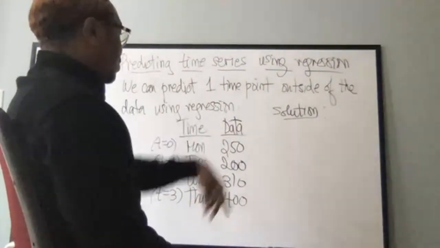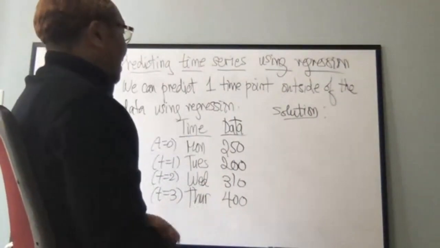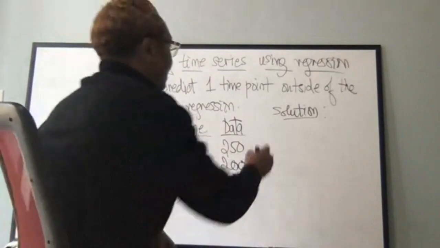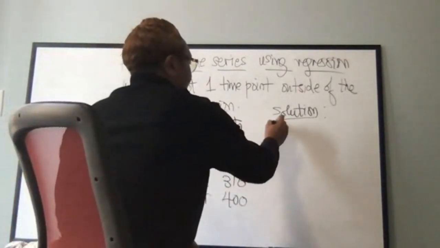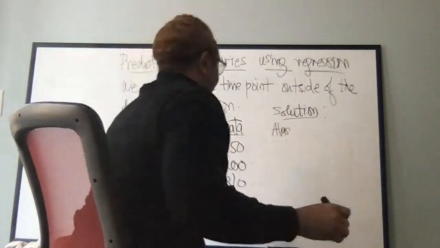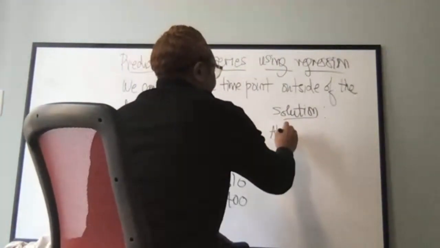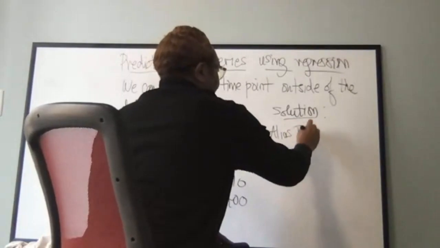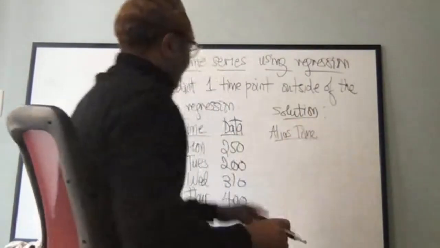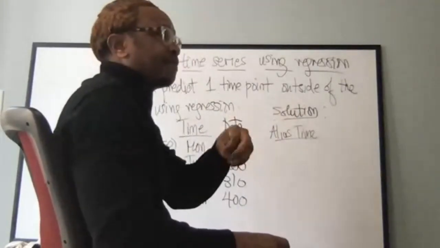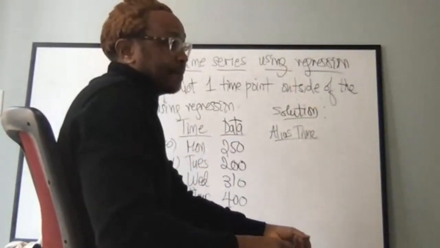So the solution to doing a regression is, first of all, to transform this time column to something like this: alias time. Alias just simply means another way of thinking about time.